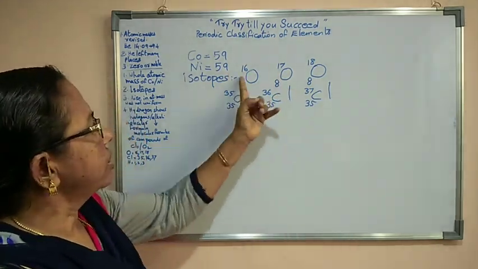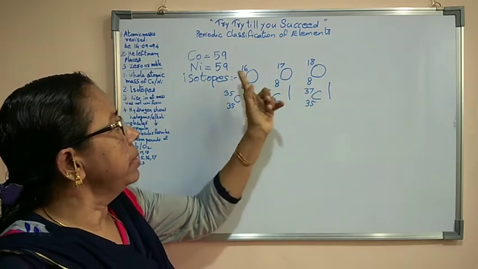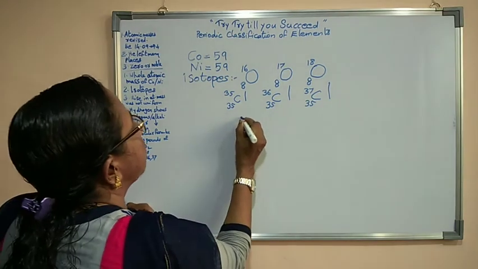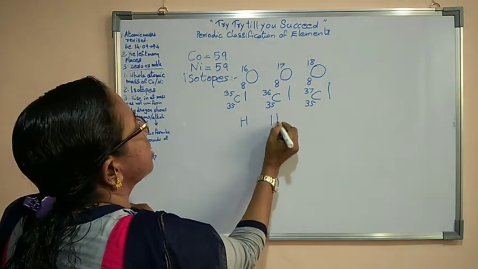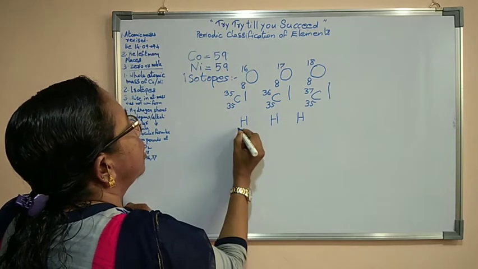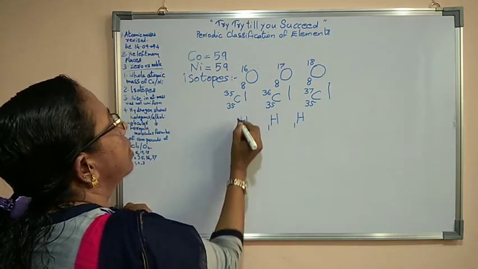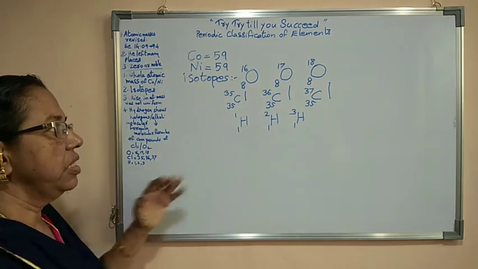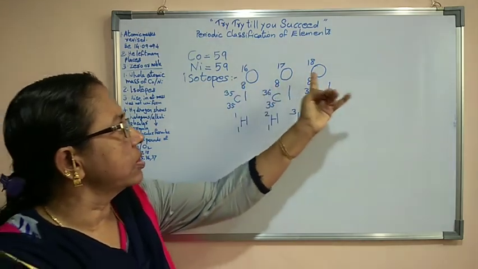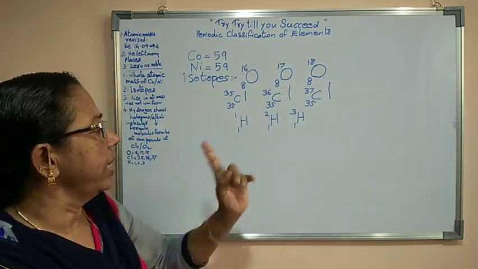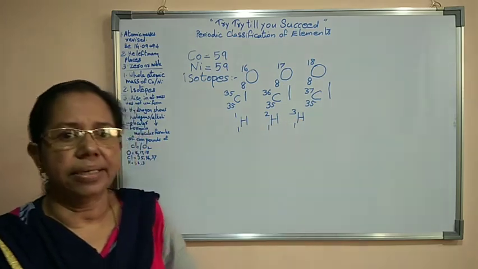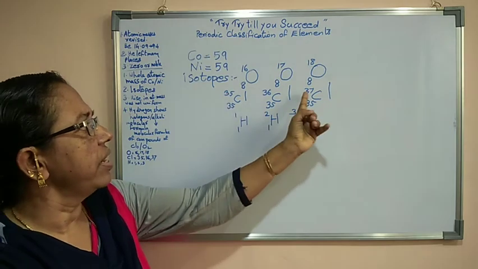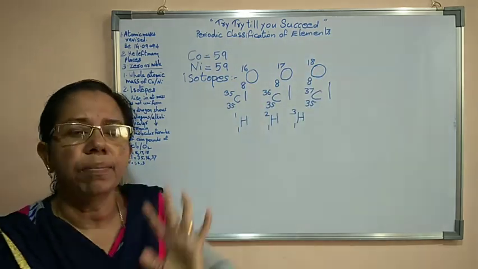Oxygen is the same, atomic number same but mass number different. One more example is hydrogen. Hydrogen also has 3 isotopes. All have the same atomic number but mass numbers 1, 2 and 3. When we look here, all are oxygen, all are chlorine, all are hydrogen. But the problem is that all have different mass numbers.